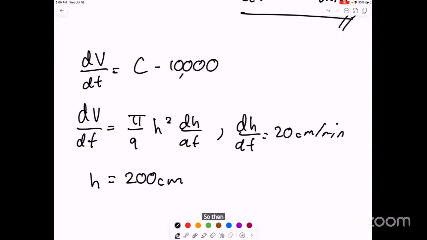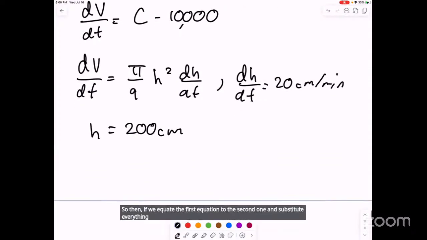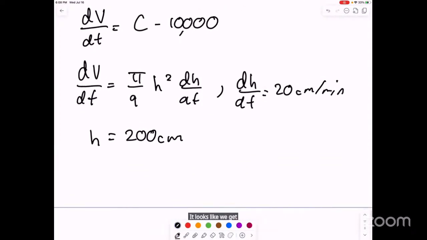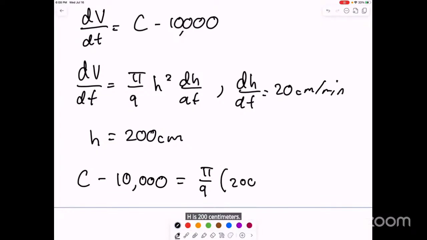So then if we equate the first equation to the second one and substitute everything in, we get c minus 10,000 equals pi over 9, h is 200 centimeters squared, dH by dt is 20 centimeters per minute.